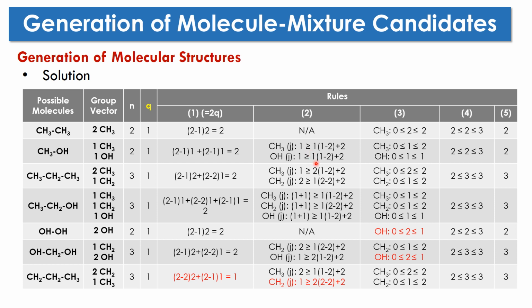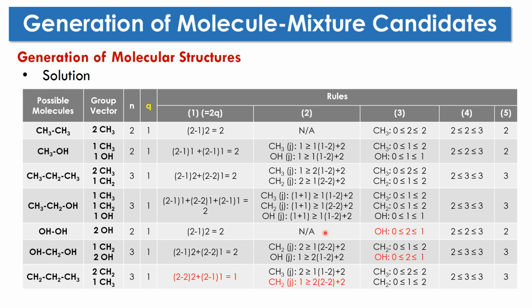There's only one OH group. And then Uj for OH is 1 as well, minus 2 plus 2. So it is the same equation as above, so it satisfies the equation. Okay, so all this is satisfied for this molecule. Again, we have only one type, so that is why it's not applicable.